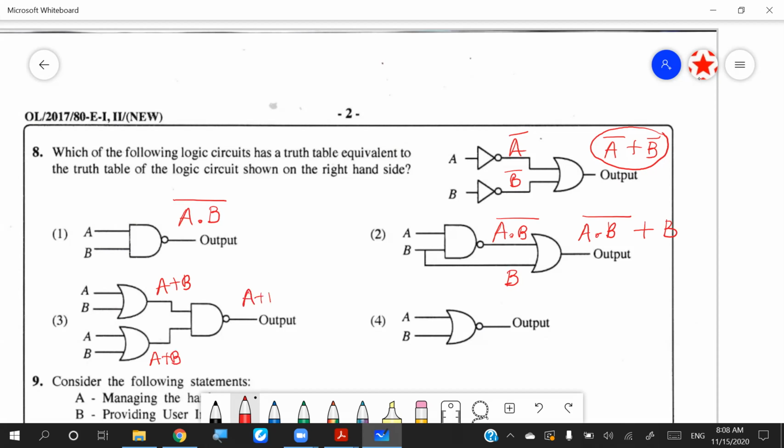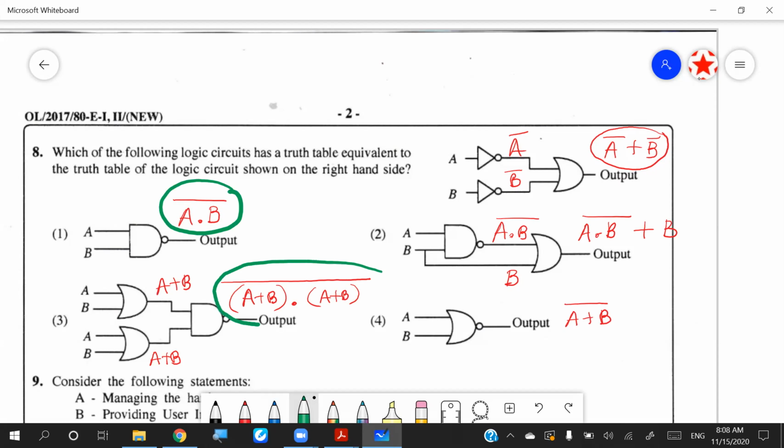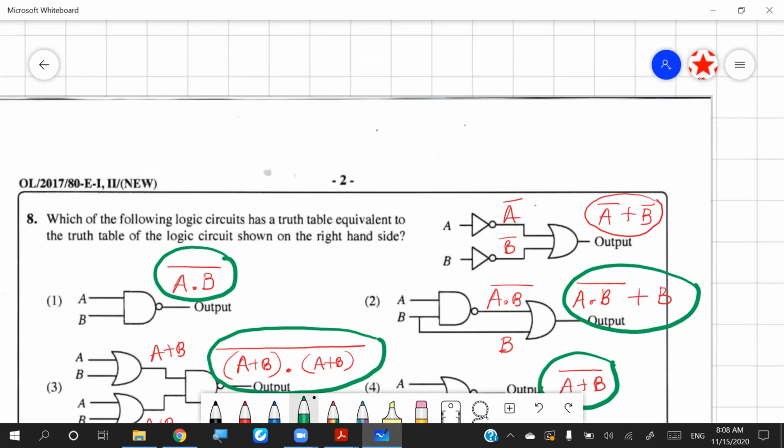Here you are going to say A plus B dot A plus B, and it will have a total bar since it is a NAND gate. And this is a NOR gate, so it will add and complement. Right? So now we have to consider these outputs and make them in our truth table and see whether these are going to be equal to this A bar plus B bar.